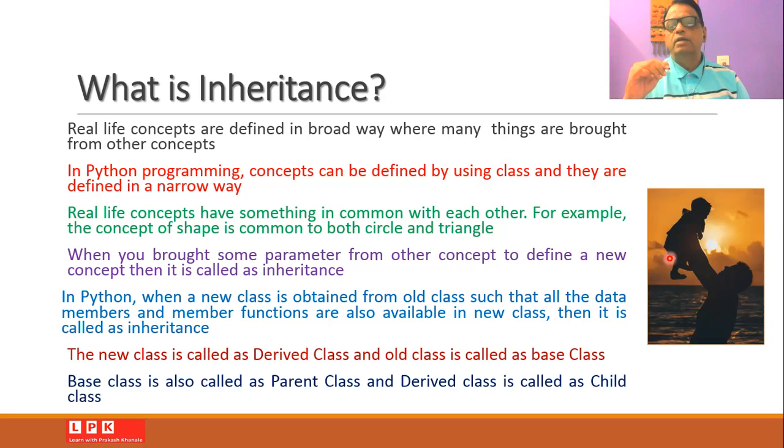One can easily find that many of these attributes or parameters are borrowed from their parents. Also, in real life, whenever we define any concept, it is defined in a broader way, and whenever we use any concept, many things are brought from other concepts.